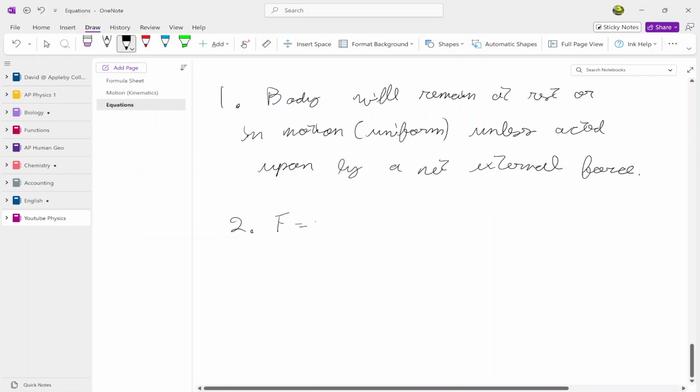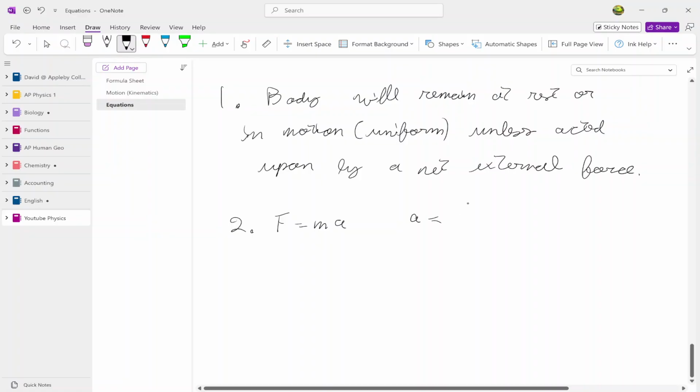F equals ma. This just means that the acceleration of a body is proportional to the force acting on it, and inversely proportional to the mass of the body. This just means that you can rearrange it.